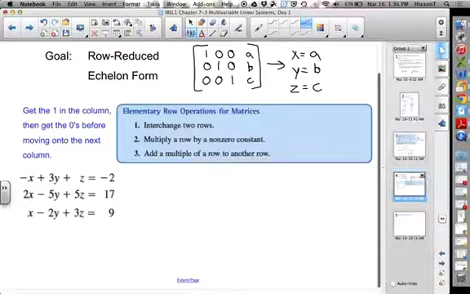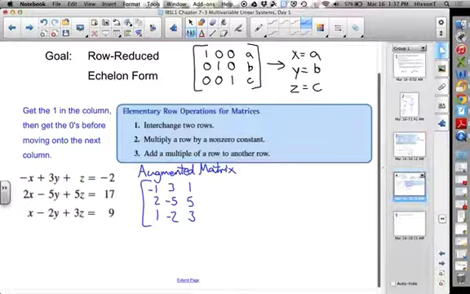So the augmented matrix here is going to be the first column's -1, 2, 1. The second column is 3, -5, -2. The third column would be 1, 5, 3. And the constant column is -2, 17, and 9.